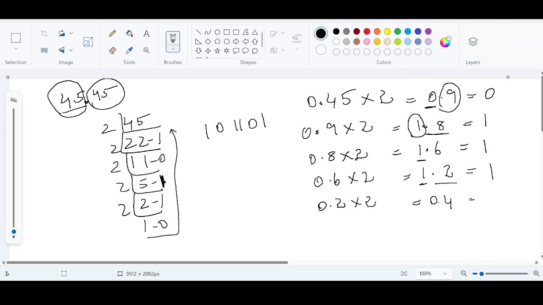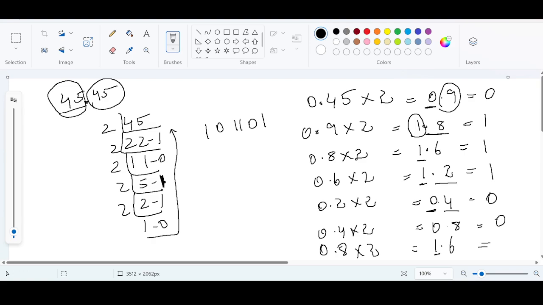What is the integer part? 0. Take the fractional part and multiply it by 2. 0.4 into 2. What is the value that you will get? 0.8. And you will get the integer part as 0. Again 0.8 into 2. You will get 1.6.